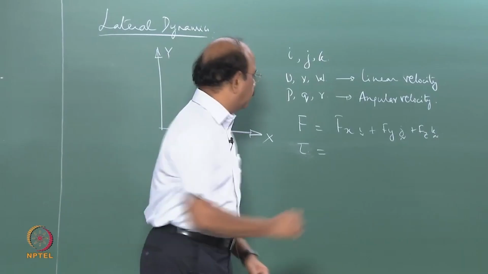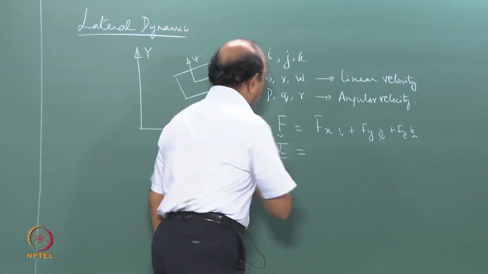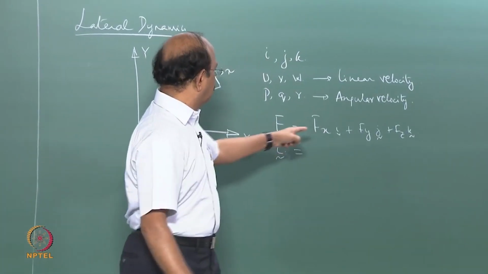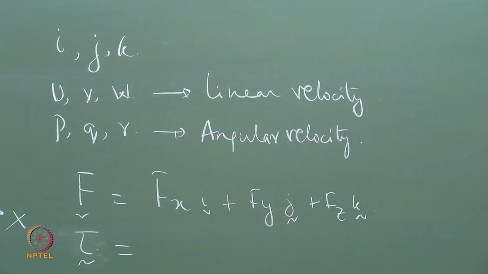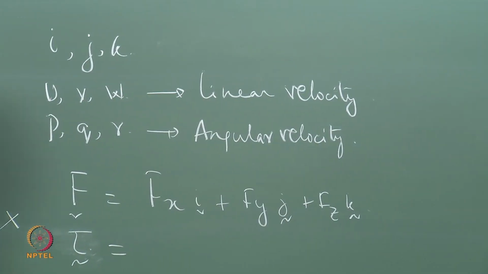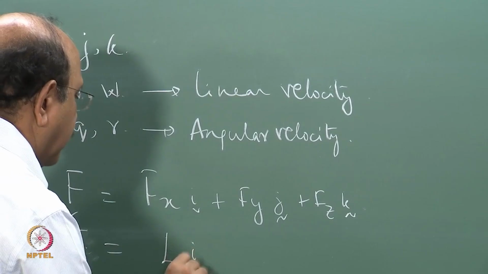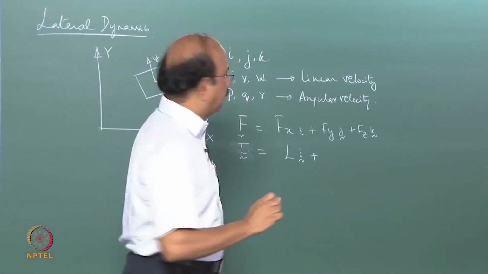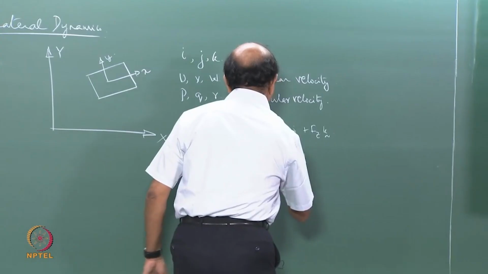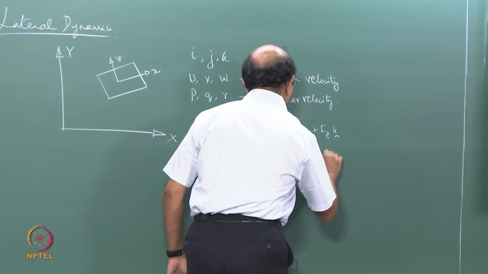Okay, the moment that is acting, when they are all vector quantities, I am putting a squiggle at the bottom to indicate that they are vector quantities. So let me call that as L i plus, I'll maintain the same thing, M j plus N k.